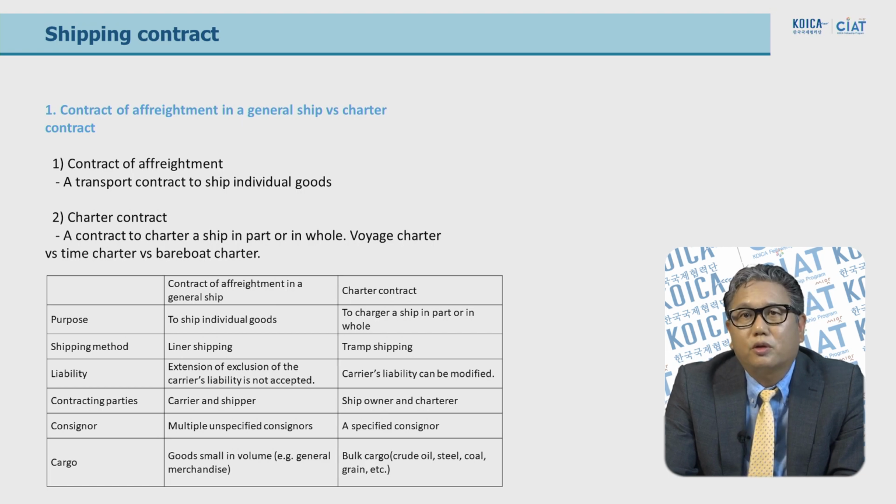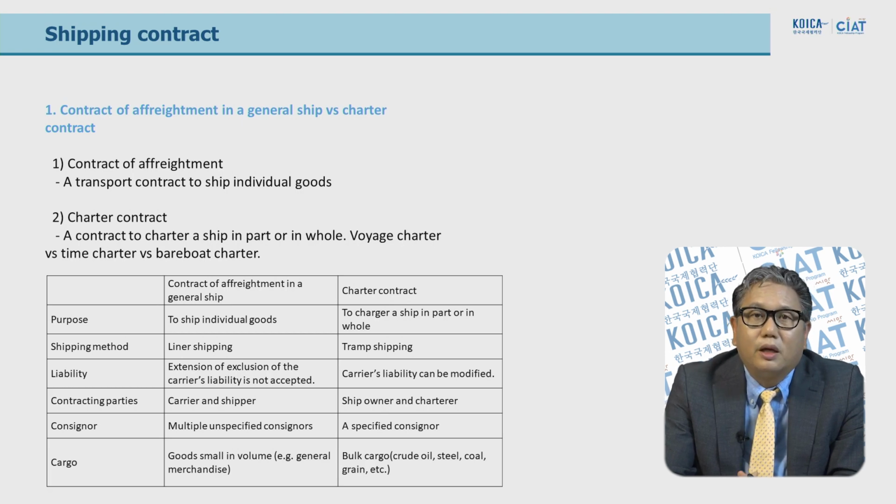Under such a contract, cargo is transported using a liner, and the contracting parties can include multiple unspecified shippers. This contract is commonly signed for goods small in volume, such as general merchandise.